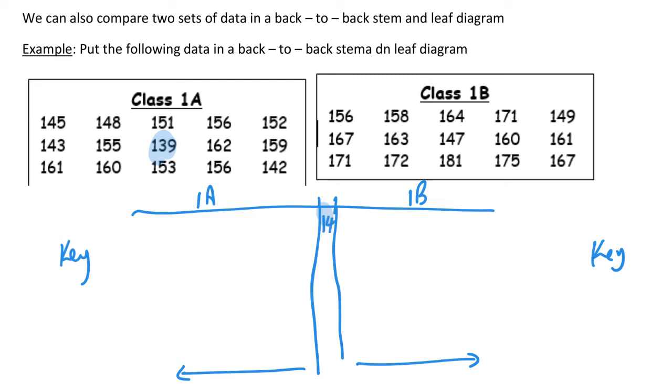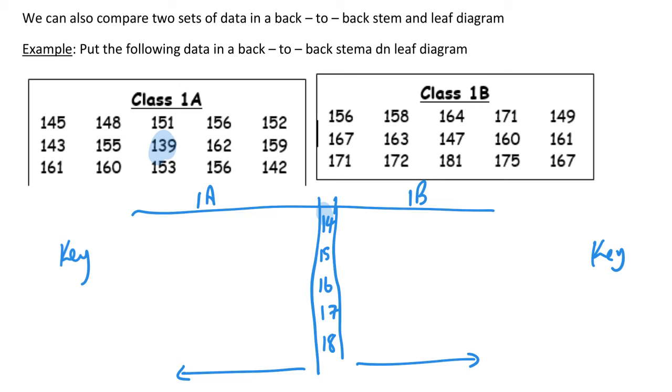So the stem's going to start with a 14, and then we're going to have a 15, a 16, a 17, and let's put an 18 in there as well, because the largest value looks to be 180. So the stem value is the first two digits of the number, and then the leaf is going to be the units. So again, same as before, we go through the data and mark it off one by one.